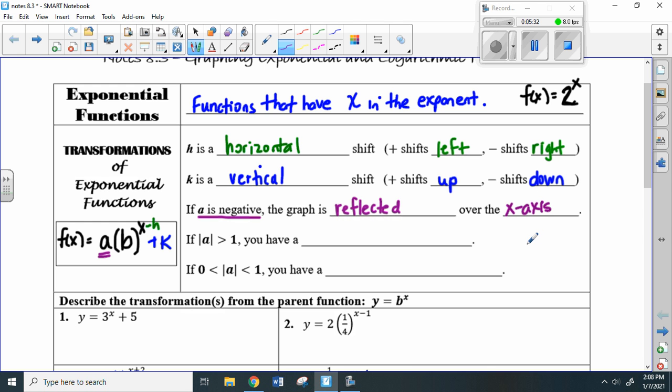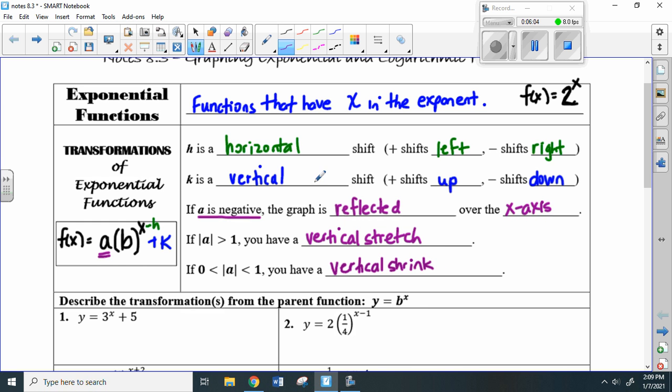But the actual number for a matters as well. If that number is bigger than 1, we're going to have a vertical stretch. And if that number is a fraction between 0 and 1, we're going to have a vertical shrink. So a can tell you a lot.